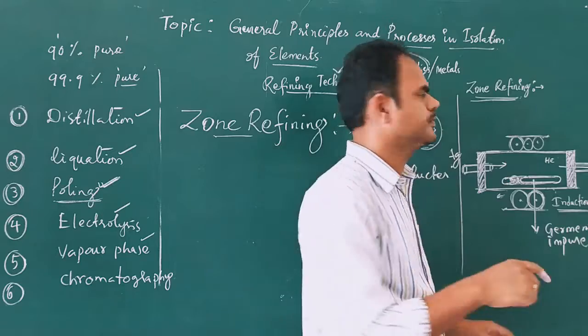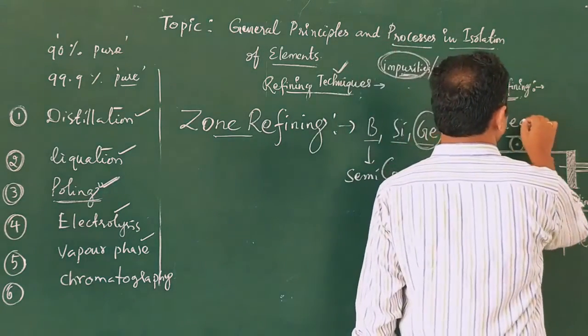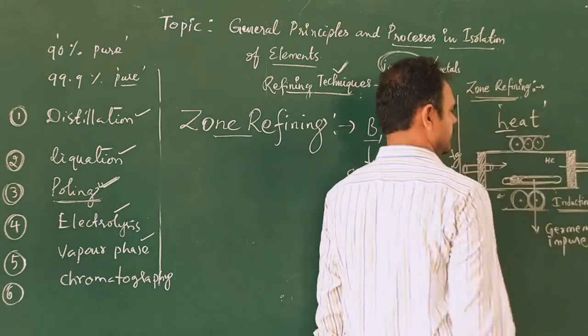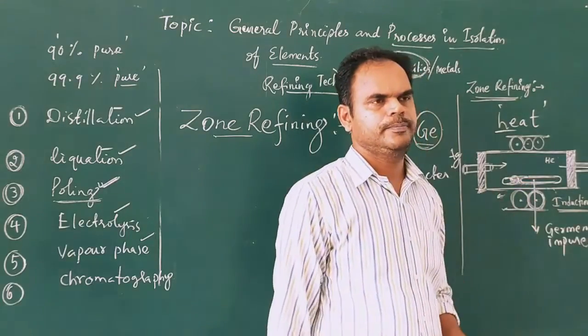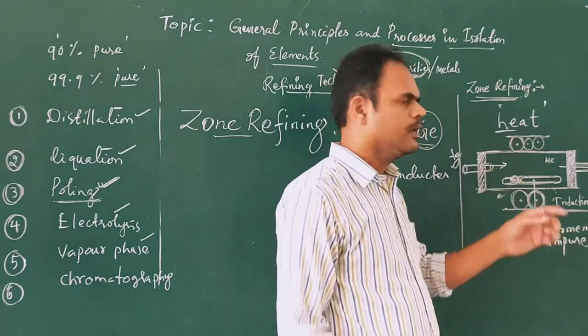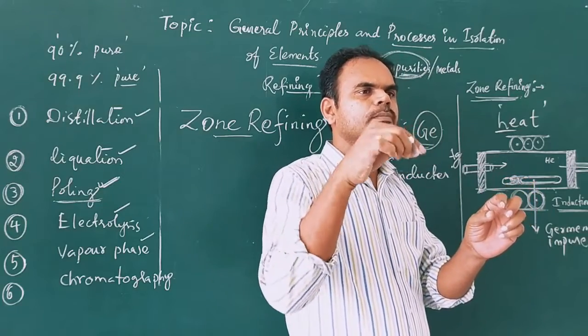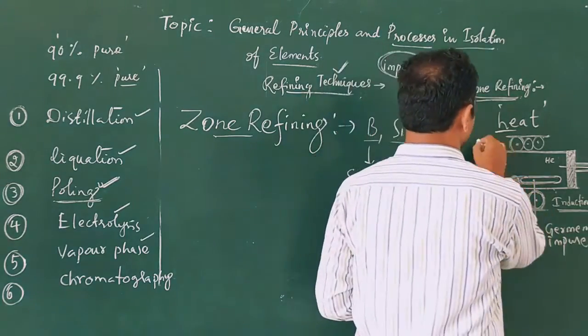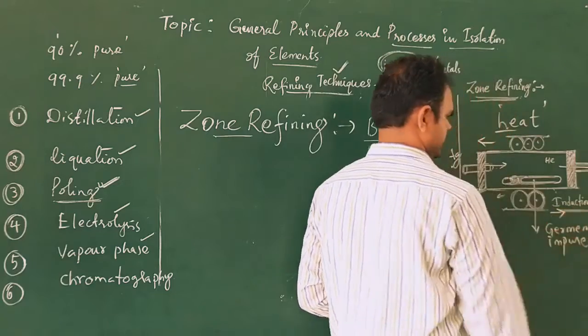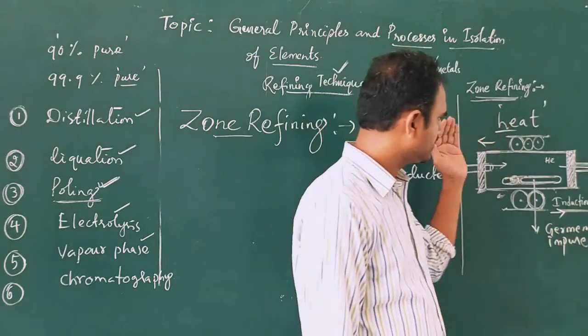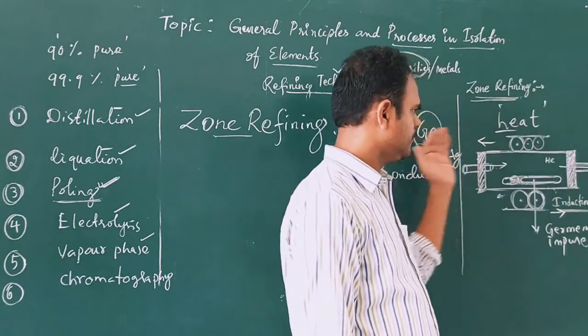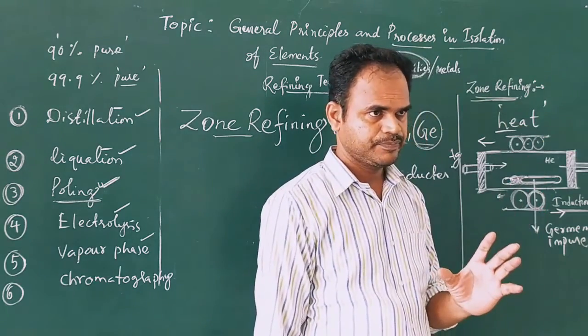These can supply the heat for this germanium rod. They are mobile; they can move forward, they can move backward.